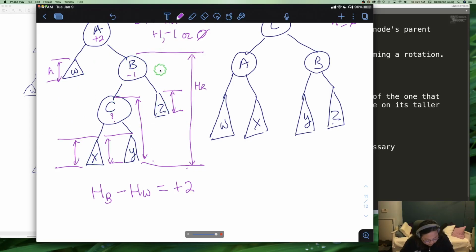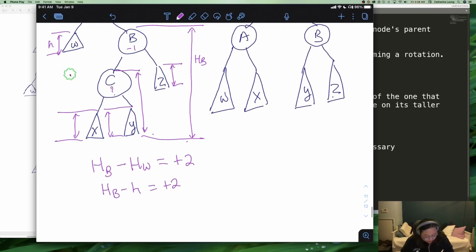We don't know what it is, but we do know that it is 2 taller than whatever W is. Now, W is h, so HB minus h gives me plus 2. Solve for HB, and what we end up with is h plus 2.